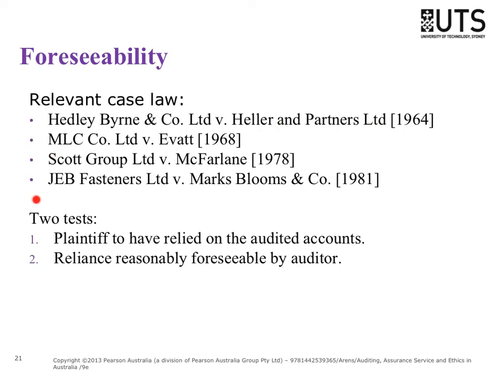These other ones, MLC, Scott, and the Fasteners are all Australian cases, which says that the plaintiff had to have relied on the audited accounts and it had to be reasonably foreseeable. I have to be able to expect that particular third party will rely on the accounts. So who could I reasonably expect to rely on the accounts?